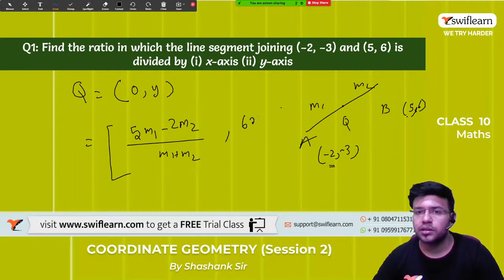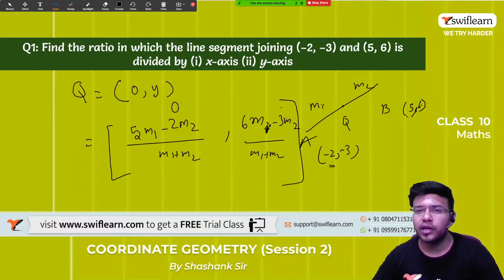The y coordinate is 6m1 minus 3m2 divided by m1 plus m2.